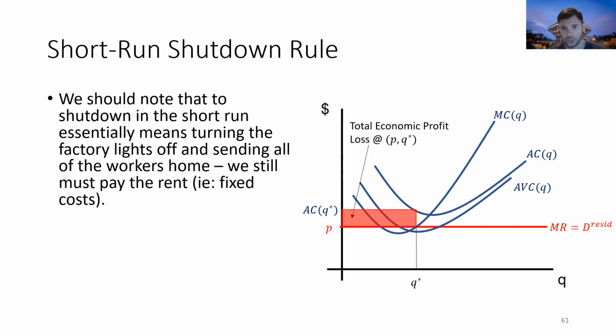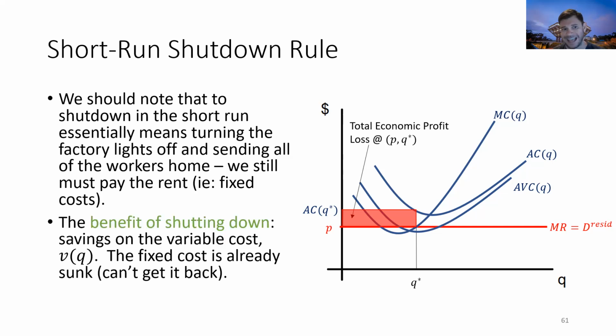So if I shut down my cookie factory, I'm not using cookie dough anymore. I'm not using workers. No more chocolate going in there, no sugar. So the benefit of us shutting down in the short run is we can save that variable cost. Unfortunately, the fixed cost we cannot save. That is sunk, never getting it back unless you can go back in time in a time machine. Not happening.